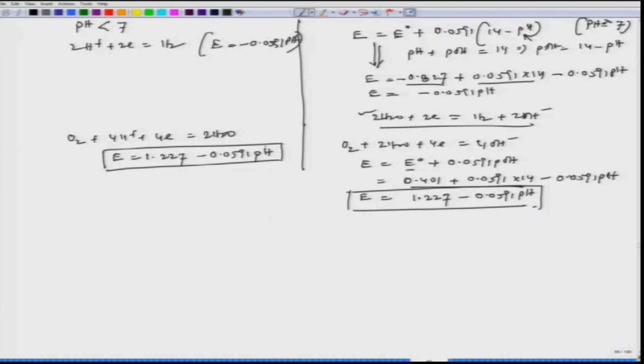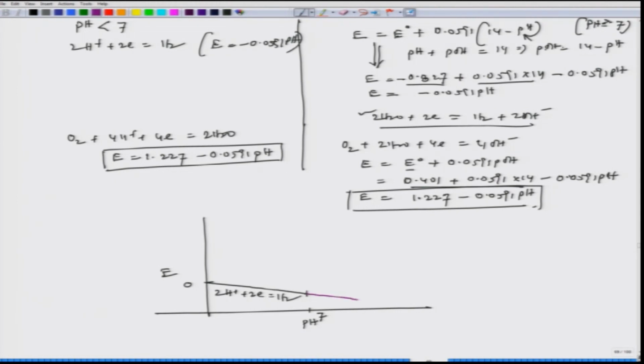Now, if we would like to plot these reactions in this Pourbaix diagram, E versus pH, this value is 0, and up to 7 pH we have H2, and then if we extend it, at that point it will be 2H2O plus 2e equal to H2 plus 2OH minus.